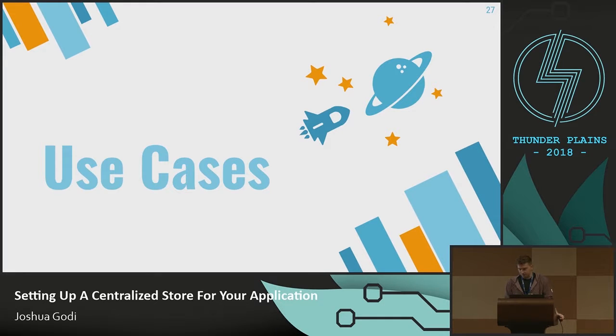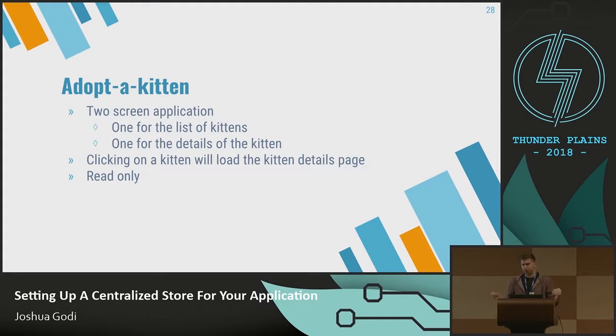So now I want to go over a couple different use cases, so that we can really drive the concept home. For the first use case, say I'm a developer and I get a request from my project manager that says, I need this new application called Adopt a Kitten. This application is going to be 2 screens.